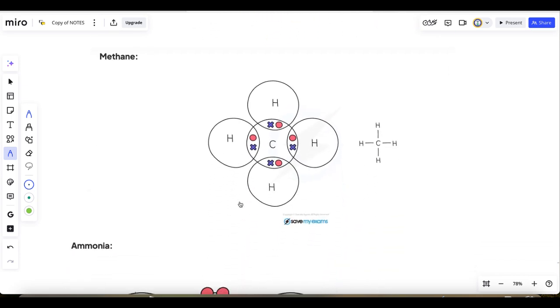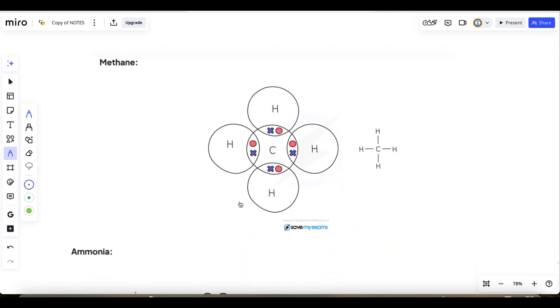Okay? Now let's move on to a more complex one, methane. Methane is CH4. What it means is that one carbon atom is surrounded with 4 hydrogen atoms.